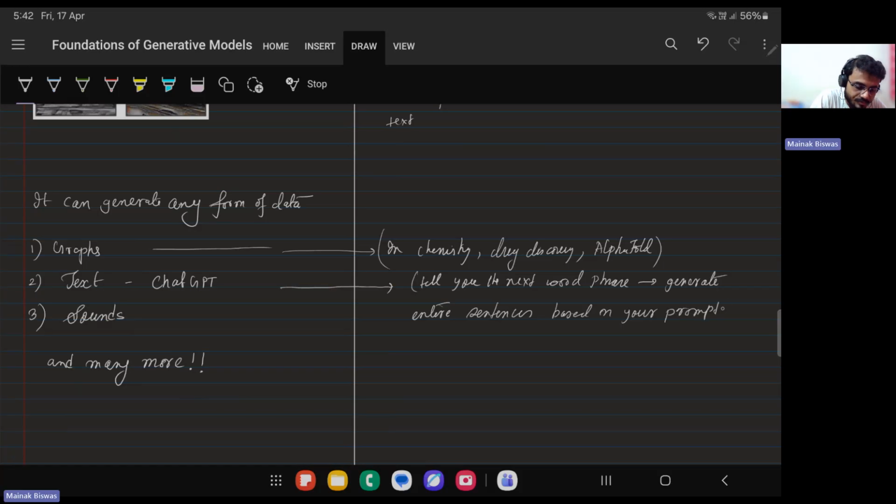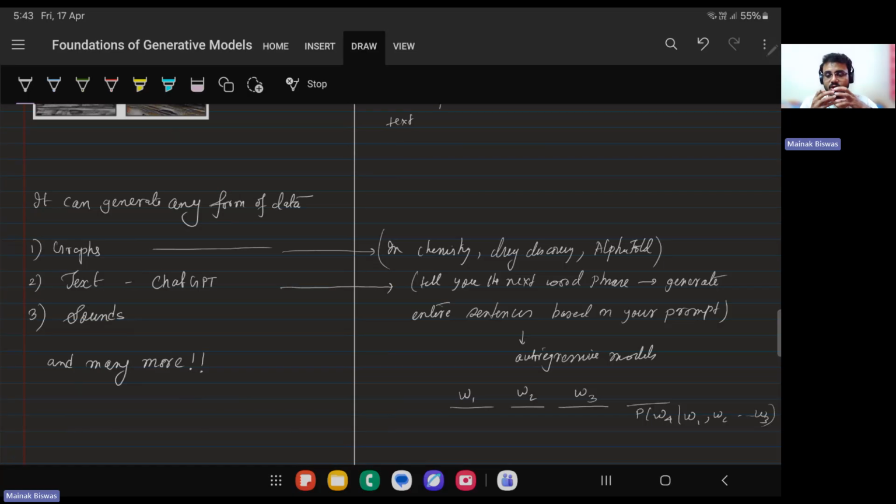So this is the ability of this model. Given the prompt, this model can generate entire sentences. And these are called autoregressive models. What it does is, given a set of words, word 1, word 2, word 3, it is going to predict the probability of word 4, given word 1, word 2, word 3.